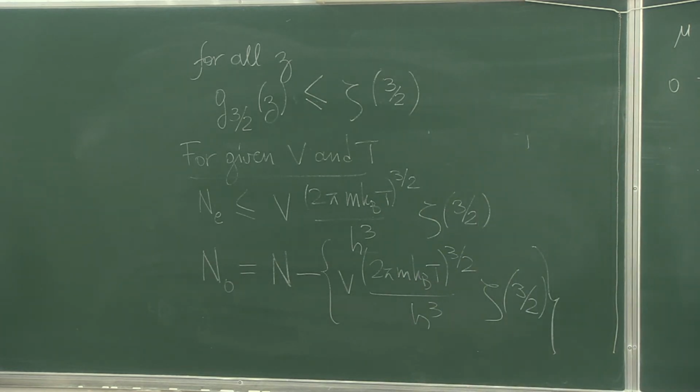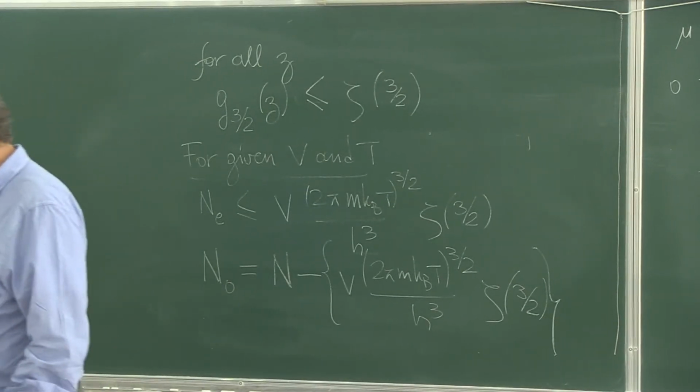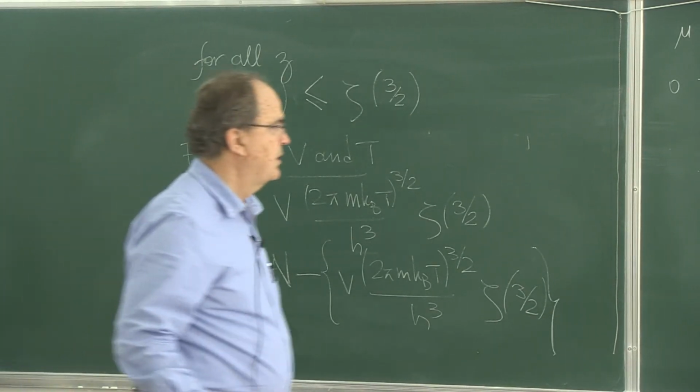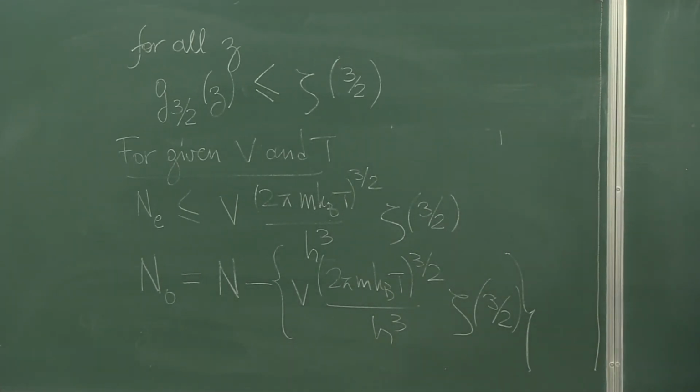Now let's look at the precise value of Z. So we are in the interesting limit. We are getting our condensation.